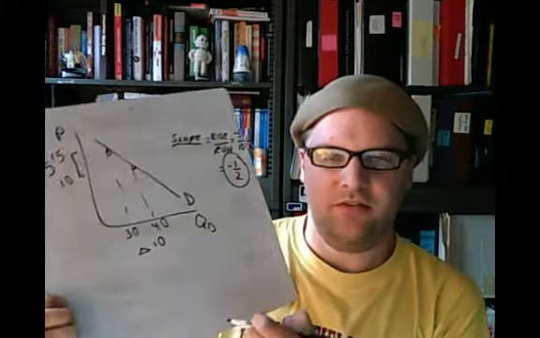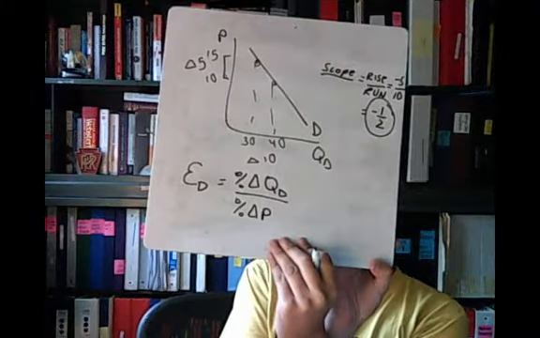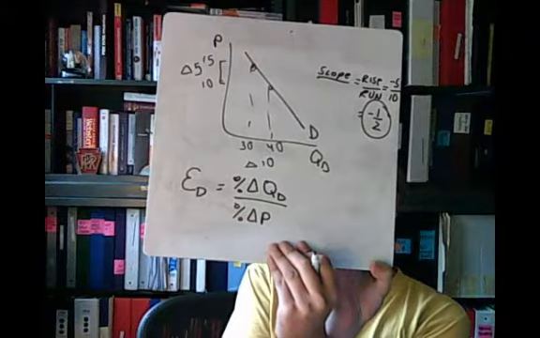The price elasticity of demand, or what I'll call E subscript D, is going to be the percentage change in the quantity demanded over the percentage change in price.